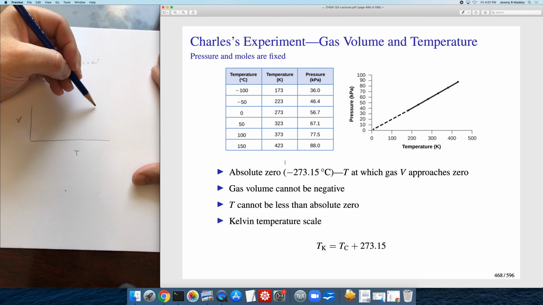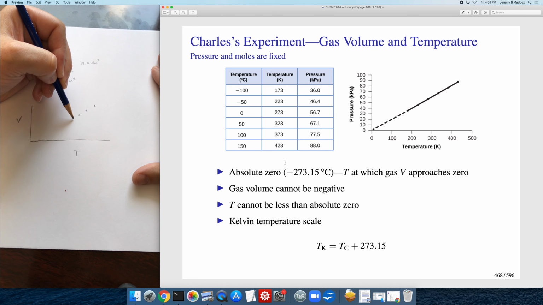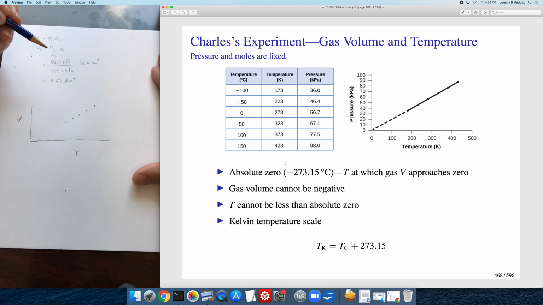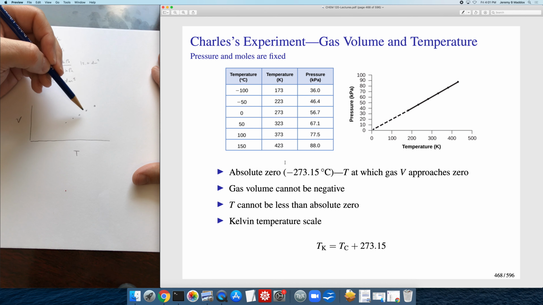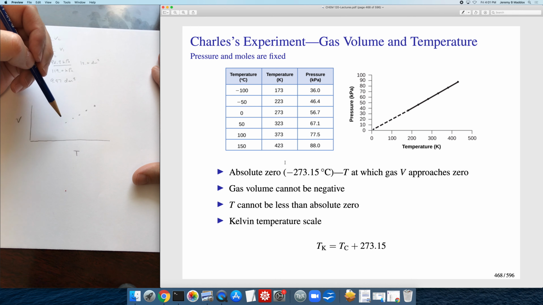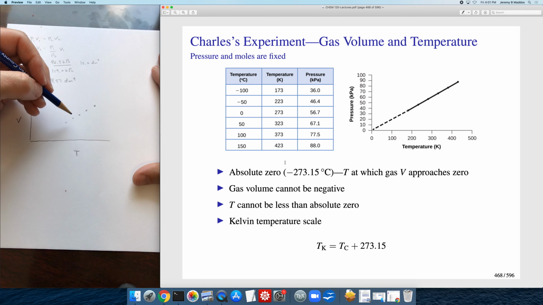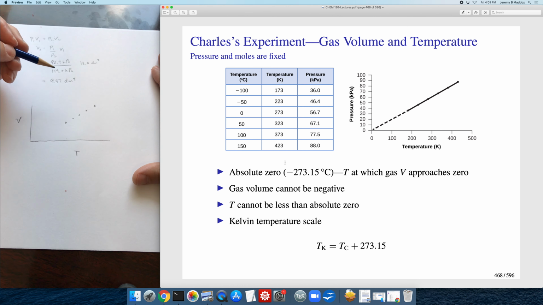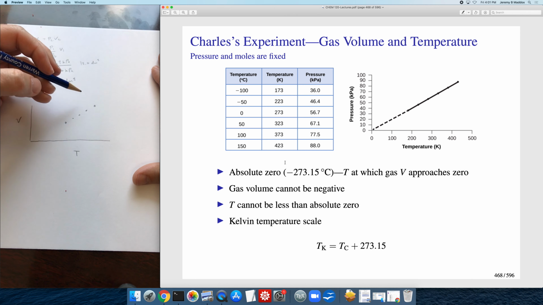And so what we'd find is we'd start collecting data points that do this. They go down linearly, so the volume is linearly going to get smaller as we decrease the temperature of the gas. And let's suppose this is the coldest temperature that we can make. Okay, we can't get any colder than that.